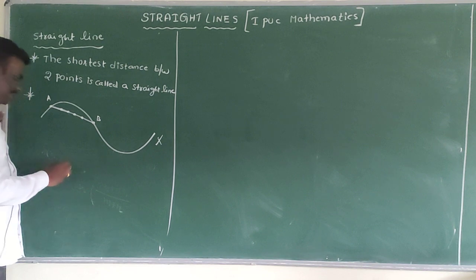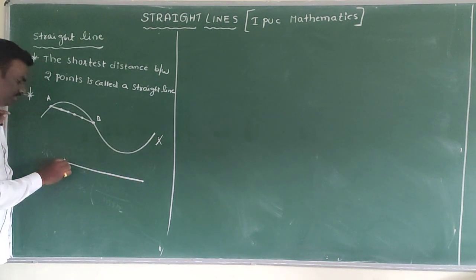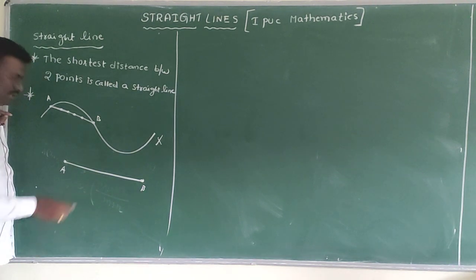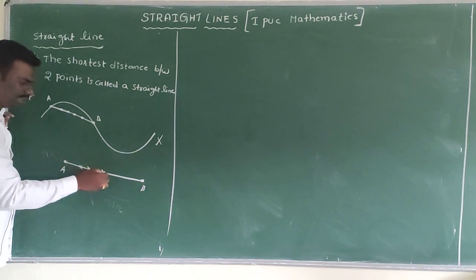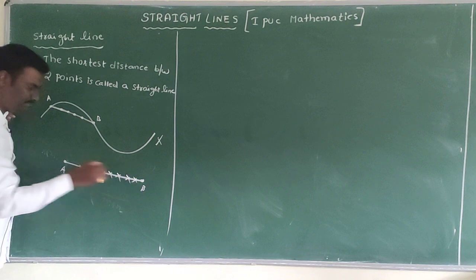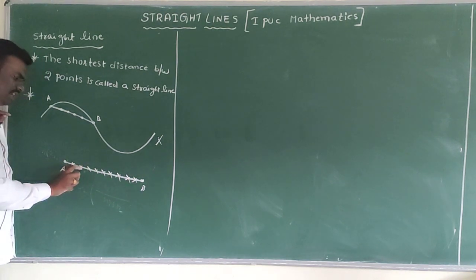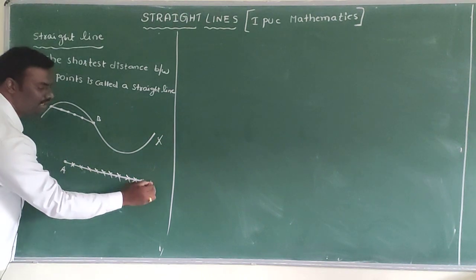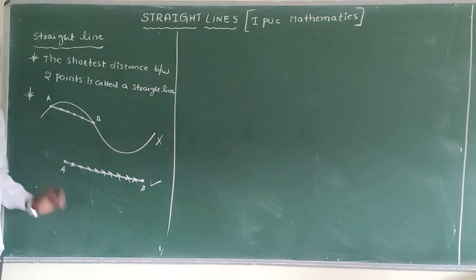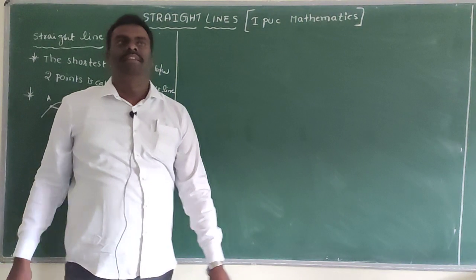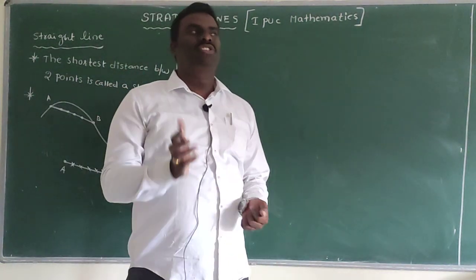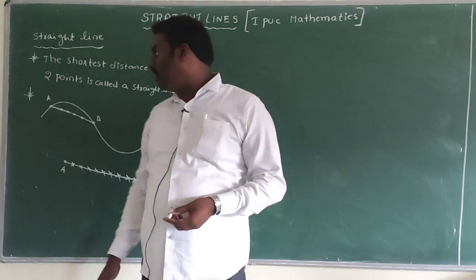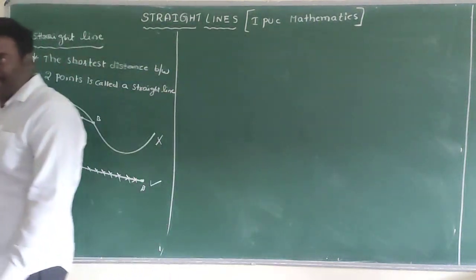If you take the curve like this, two points, and the set of points on this curve, each and every point lies on the same curve. That's why it can be considered a straight line. It is nothing but the shortest distance between two points.